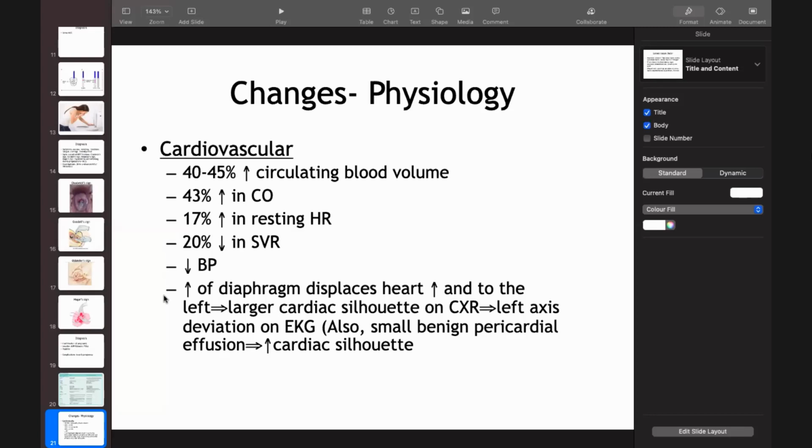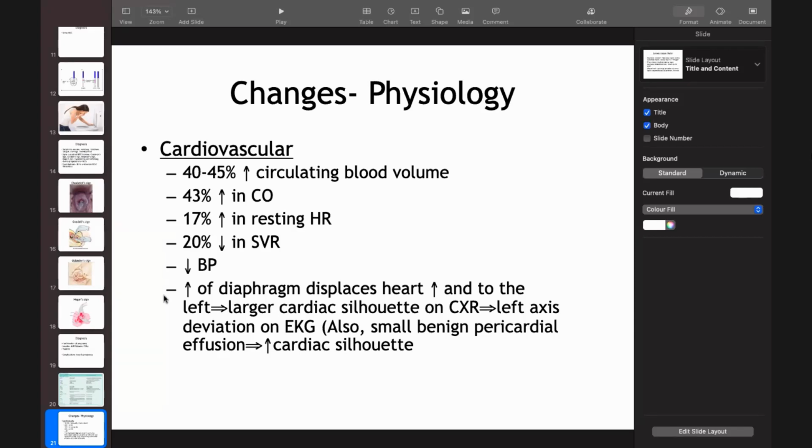In the slide you will see stroke volume, heart rate and venous return will increase, and the stroke volume will increase, and cardiac output also will increase. And there is a drop in the total peripheral resistance. These changes are very important.